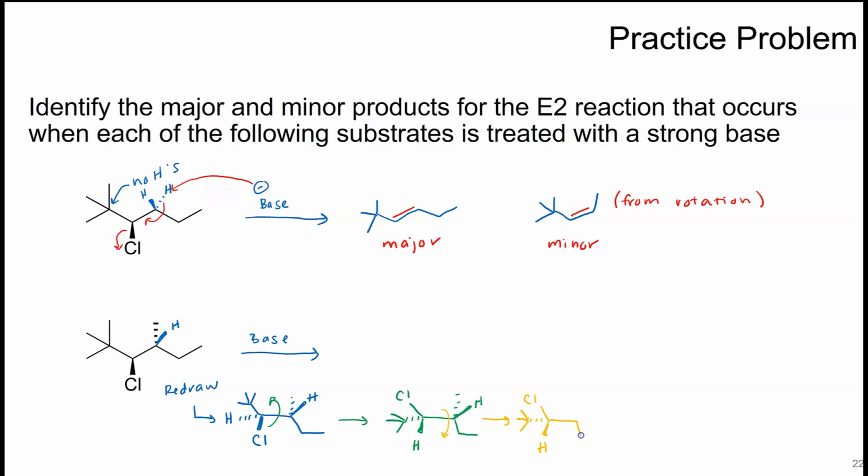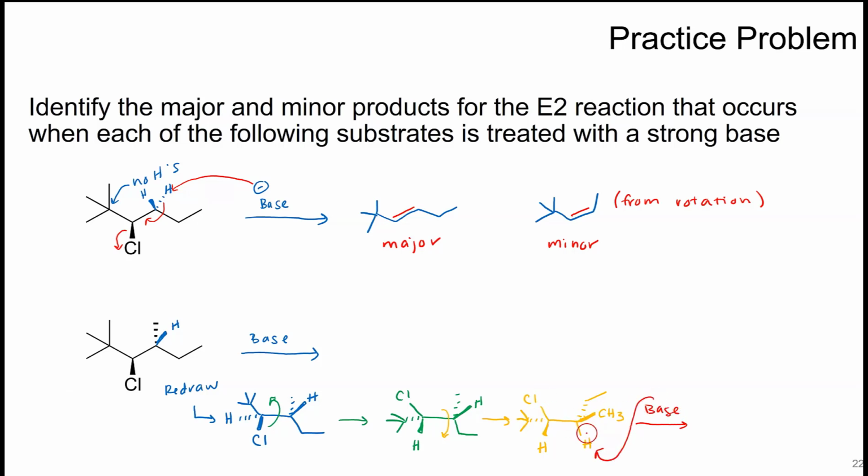And then the hydrogen now becomes in the plane. The methyl group that was back becomes forward. Ethyl group is back. Now we add our base.